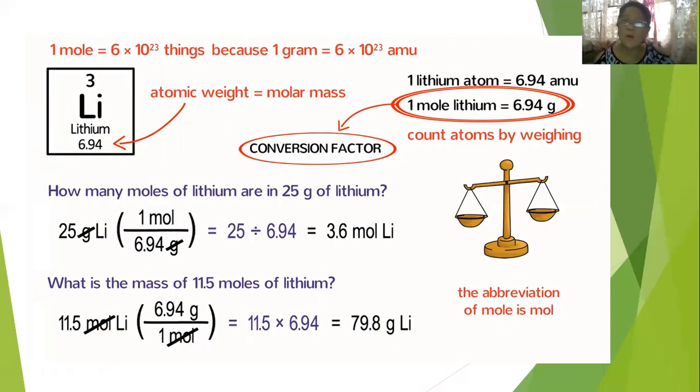That is 1 mole over 6.94. So in this way, we can cancel our grams here. What remains is the mole. Therefore, 25 divided by 6.94, that is equivalent to 3.6 mole of lithium.